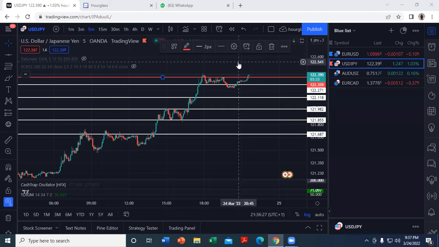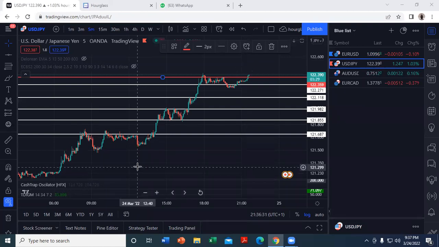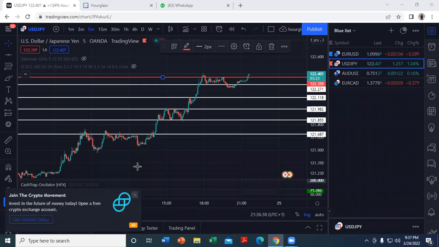You mean if it drops below it? Do you mean if it drops to the first resistance zone or drops below the first? Okay, if it drops below. Now, that's what I just told you.